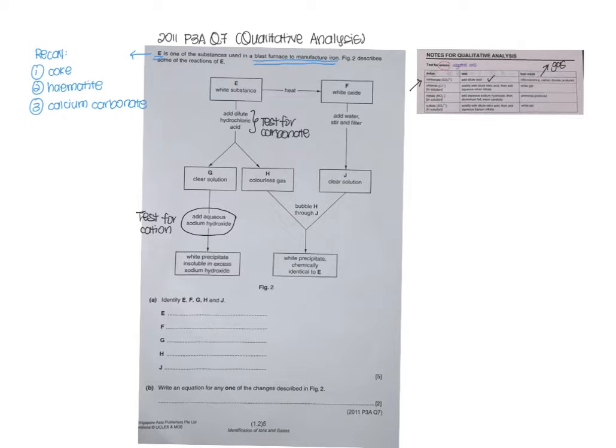Which cation would it be that is insoluble in excess? If you check, this will tell you that it belongs to the calcium ion. So I know that G contains calcium ion.